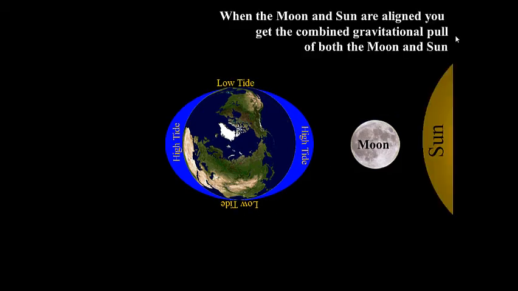Now here's the thing. The sun actually exerts a small gravitational pull along with the moon. So when the moon and the sun are aligned, you get the combined gravitational pull of both the moon and the sun. They're both pulling on the tides.